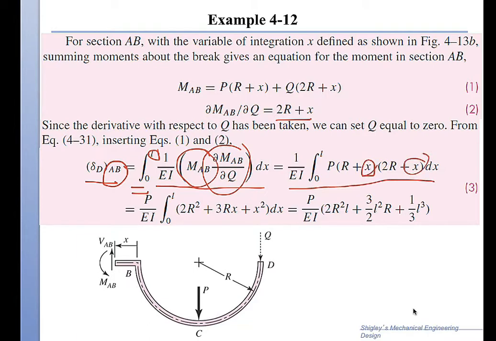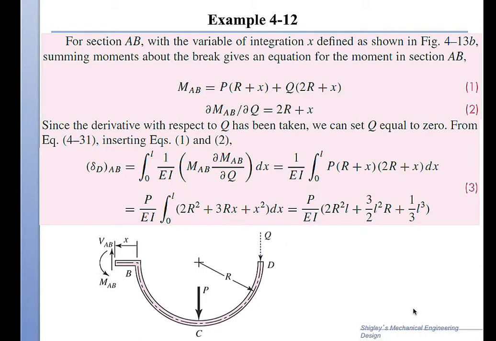So you get an x and an x squared, and you do the integration and substitute for the limits. And this is the final result that we get here, P over EI times 2R squared L plus 3/2 L squared R plus 1/3 L cubed. So that's the part of the deflection due to AB.